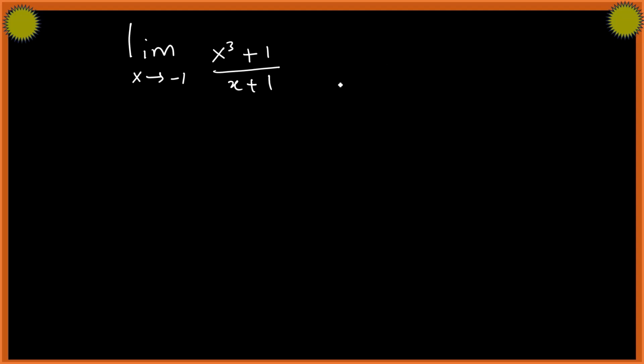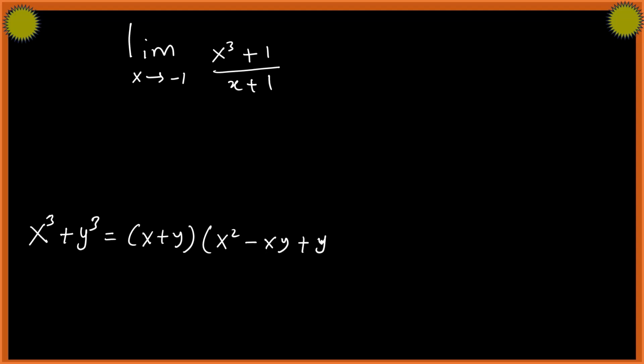All right, now let's observe some expansion here. In case we're given x to the power 3 plus y to the power 3, it is the same as x plus y times x squared minus xy plus y squared.